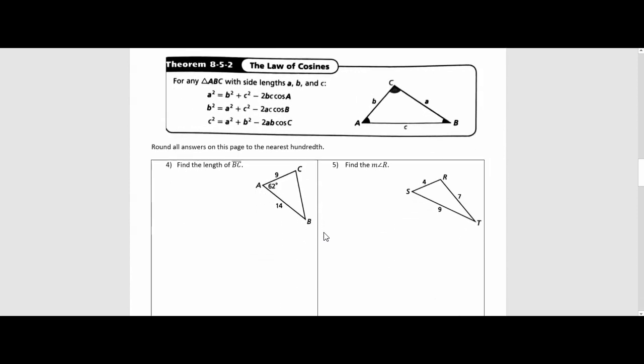You'll notice that the law of cosines has 3 different possible equations we can use. And we can choose which equation we want depending on what we're given and what we need to solve for, and which would be the easiest for us to use essentially. So again, triangles are set up the same way. Your lowercase c's and your uppercase C's are the side and the angle that are across from each other.